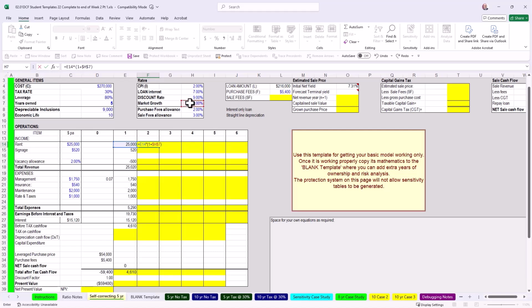I'm going to find that useful because when I fill this equation across, it will always go back to the market growth rate at H3. If I don't put the dollar signs in, it will walk across and take different cells as the equation moves across.